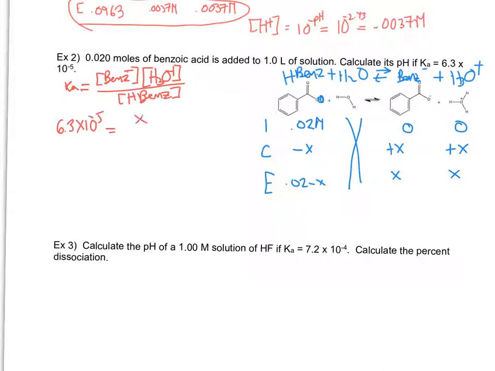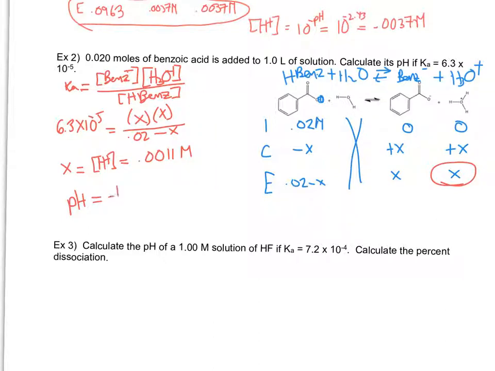That is equal to x times x over 0.02 minus x. If you solve for x, that's going to give you your H plus concentration at equilibrium, or H3O plus. And for that one, I got 0.0011 molar. So if I want the pH, it's going to be the negative log of 0.0011, which ends up being 2.96. And that's my answer.